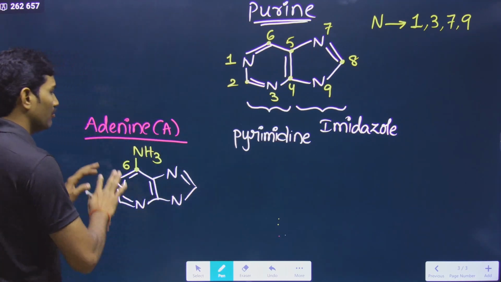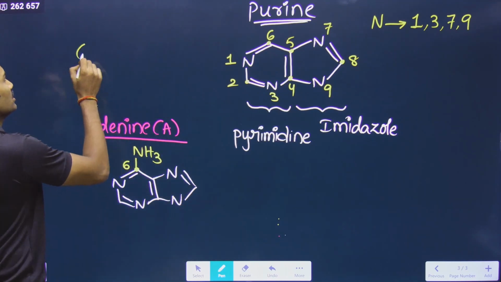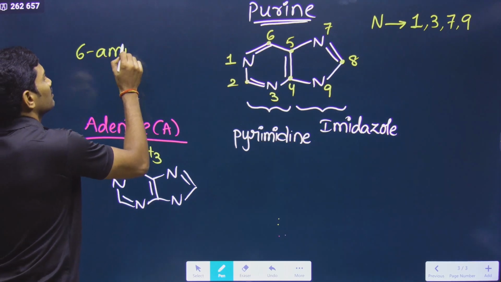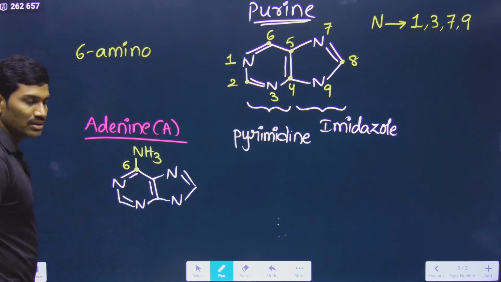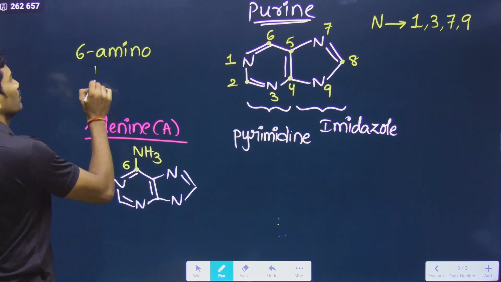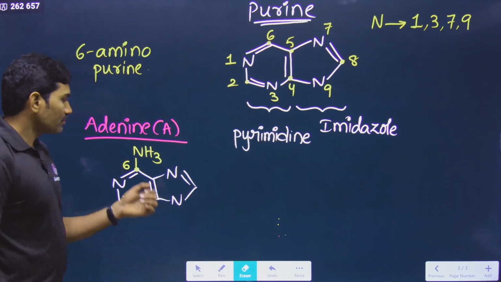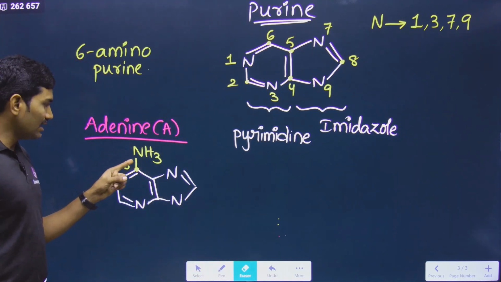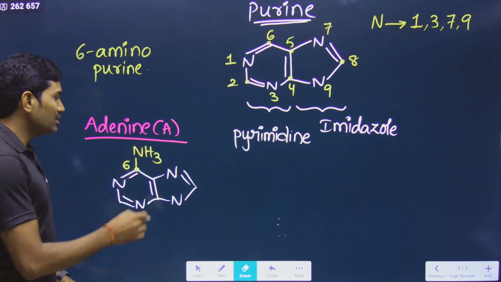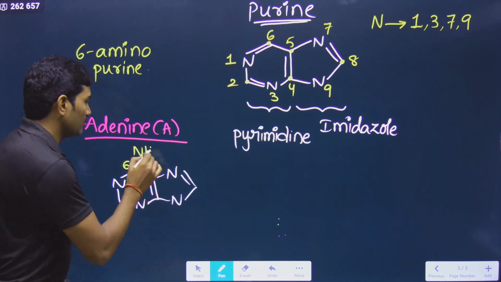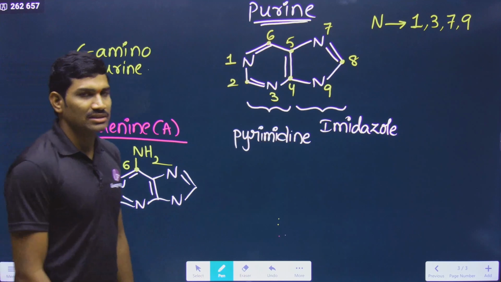Clear? Now, if you are technically writing the name, at the sixth position, amino is there. So 6 amino, yes or no? 6 amino purine. Okay, but please remember here, for the N already here one bond is there. Here NH3 will not come, and here only NH2 will come. Please understand this amino group.